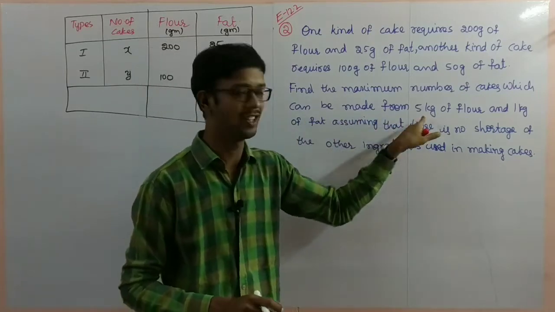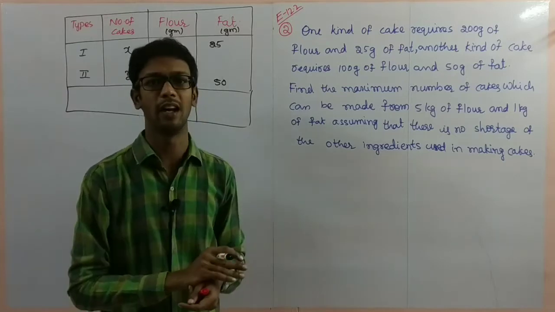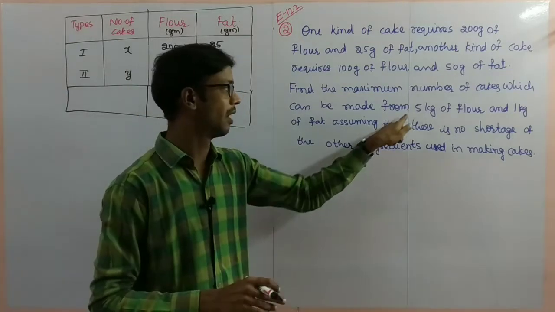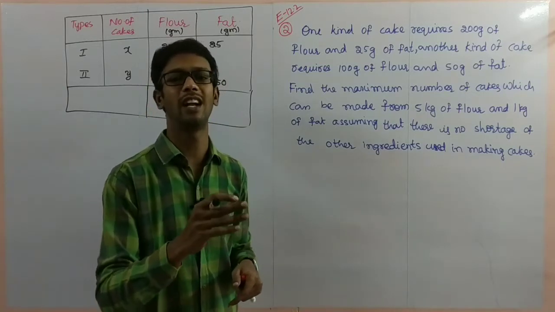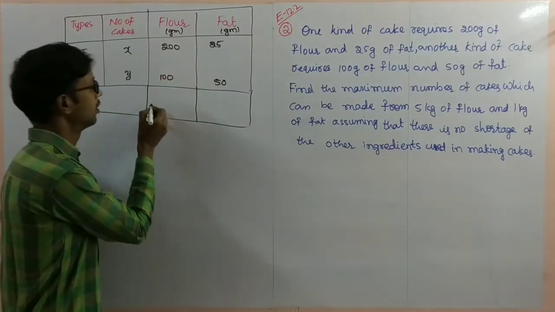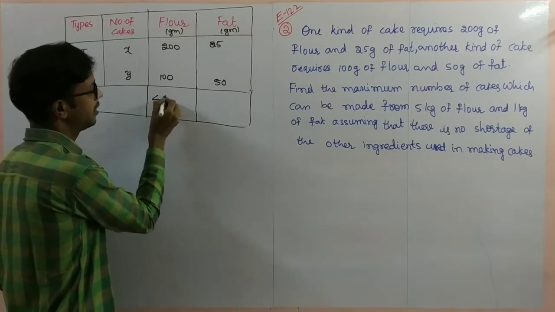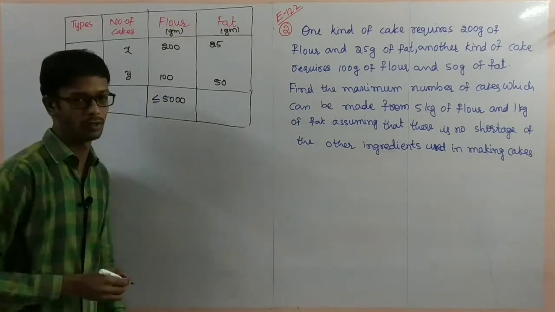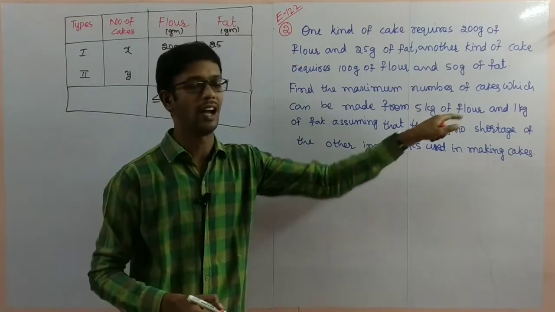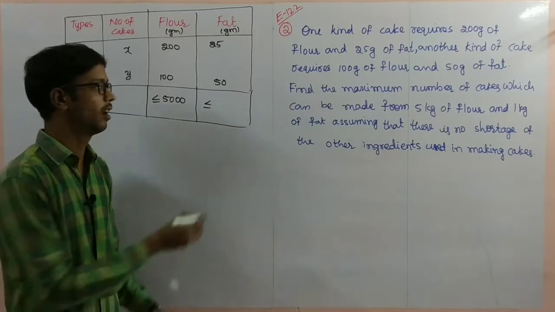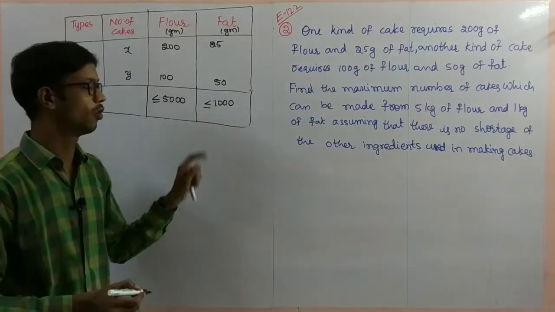Made from 5 kg, you don't take 6 kg; you can take less, but the highest value means at most 5 kg, so less than or equal to 5 kg, which is 5000 grams. Next, less than or equal to, this is also the highest value: 1 kg of fat, and 1 kg means 1000 grams.